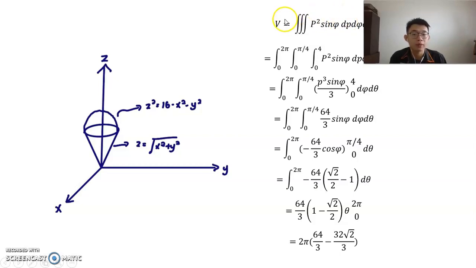So we're going to obtain a new equation, which is V equals the triple integral of rho squared sine phi d rho d phi d theta, and we just plug in the limits we obtained just now into the volume equation, and after that we just solve the integration like how we usually do, and we're going to get the answer of 2 pi times (64 over 3 minus 32 times root 2 over 3). So this will be the volume for solid G.